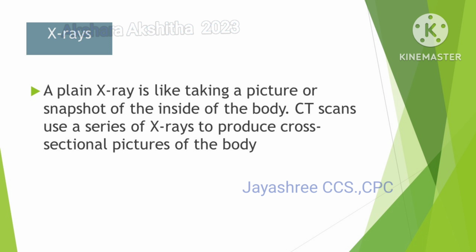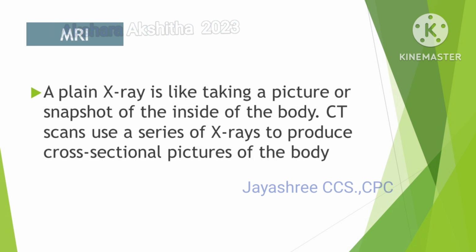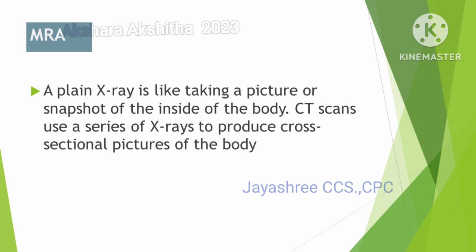MRI produces slices of images by using a magnetic field and the protons within your body. The slices can be combined to produce 3D images that may be viewed from different angles. So this comes under MRI. MRA, or magnetic resonance angiography, is an MRI of the blood vessels.